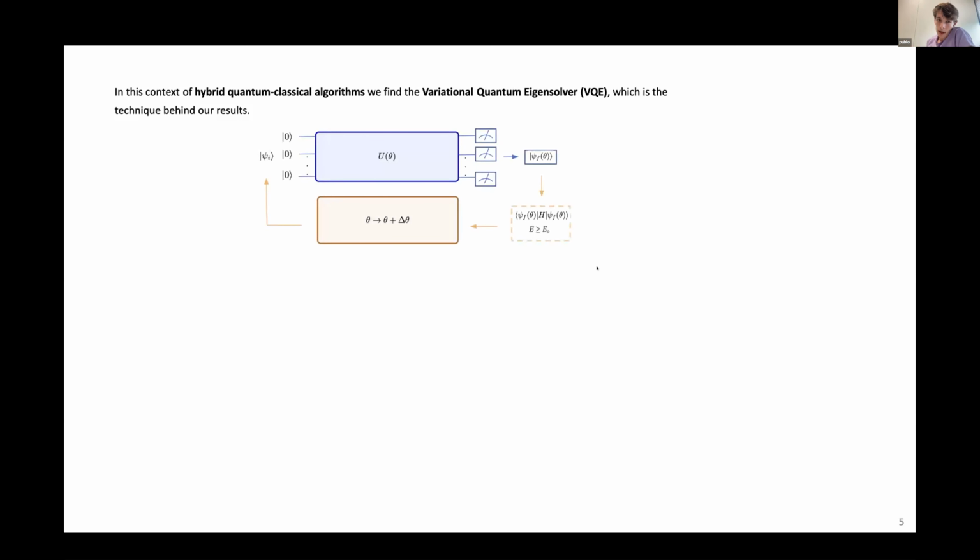For those of you that are not aware of it, you have a classical part, represented by the orange color, and the quantum side, which is the blue one. You will be interested in finding the ground state of a certain function, again encoding your optimization problem. The ground state will give you the proper distribution of whatever you're looking for.